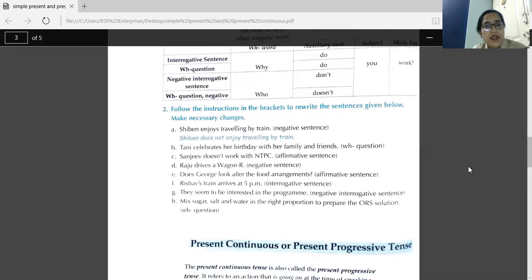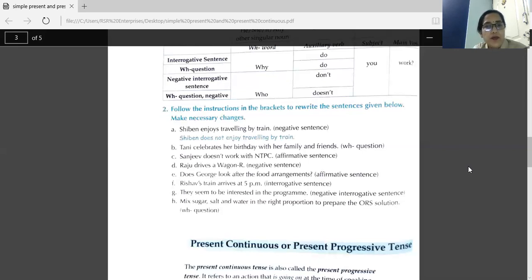Next one. They seem to be interested in the program. You have to change it into a negative interrogative sentence. So interrogative also and negative also. So your answer is, don't they seem to be interested in the program? Question mark.